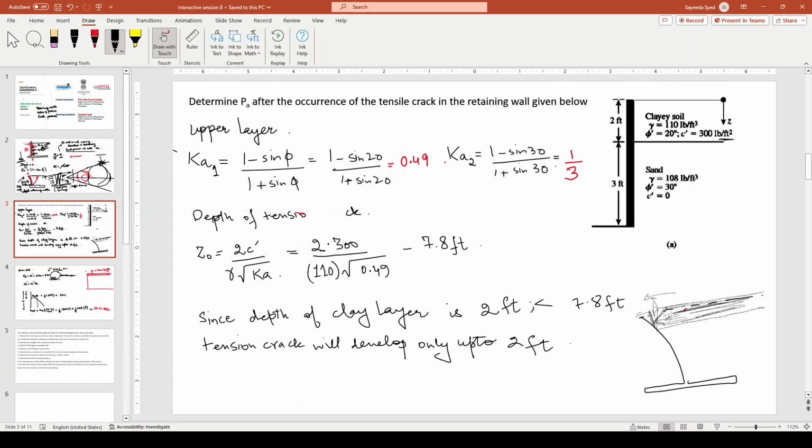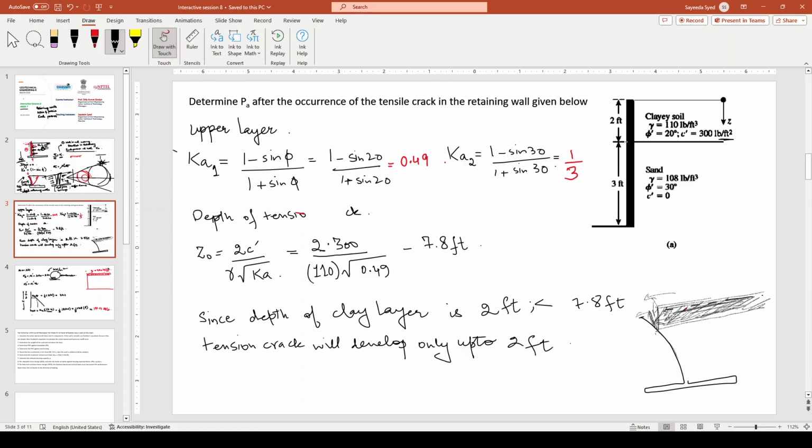So this is the tensile crack. This portion becomes inactive, and from below this we calculate the active pressure. Do you understand what I'm saying, Swanata?